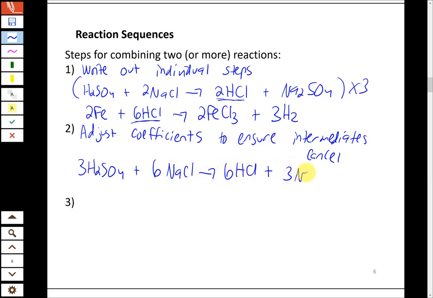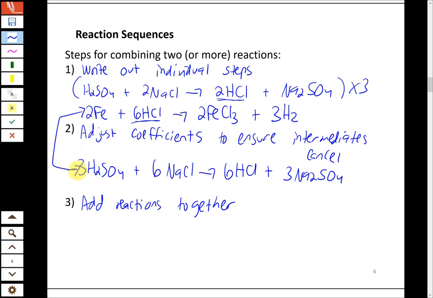So this, of course, by itself is not an equation that's balanced with the smallest possible whole numbers, but then what we can do is add it together with the other one. So this original equation and this modified equation we're going to add together.